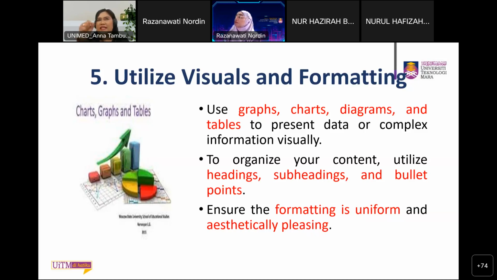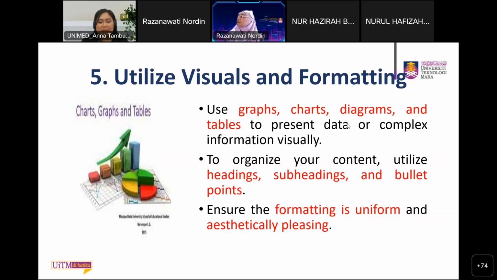You can insert these smart tables, graphs, charts, and diagrams. So you can choose which are the most attractive tables, graphs, and charts to present your data.